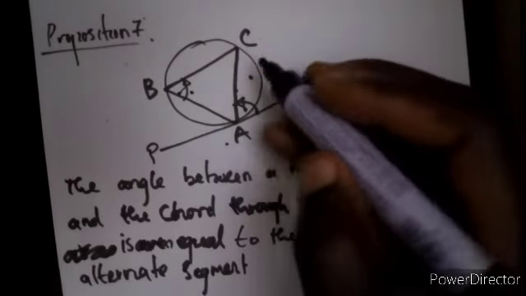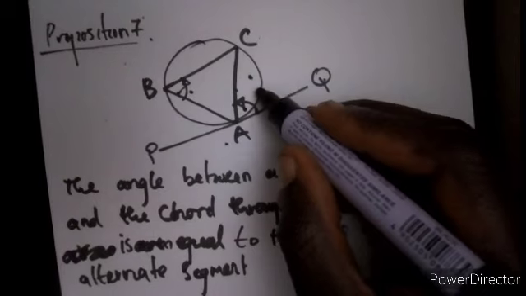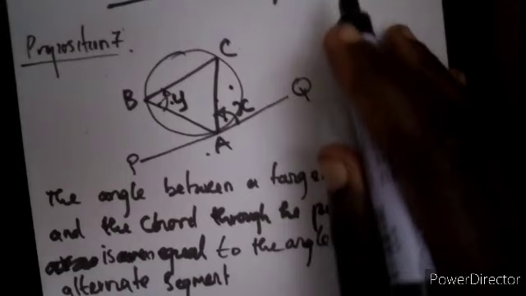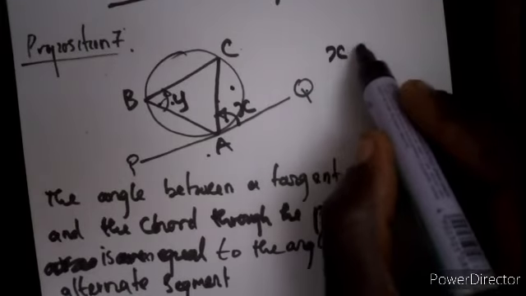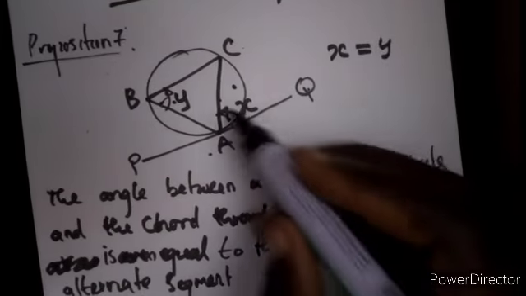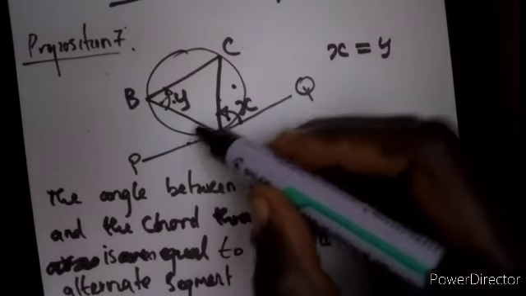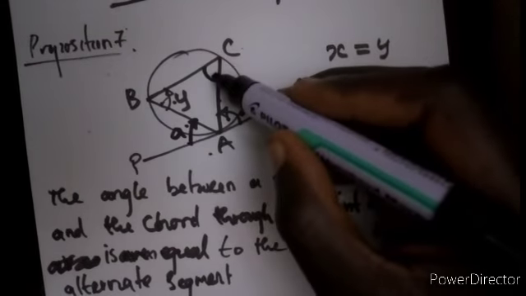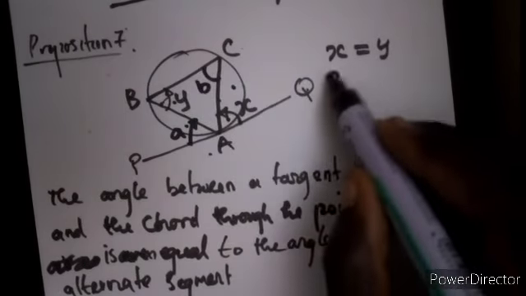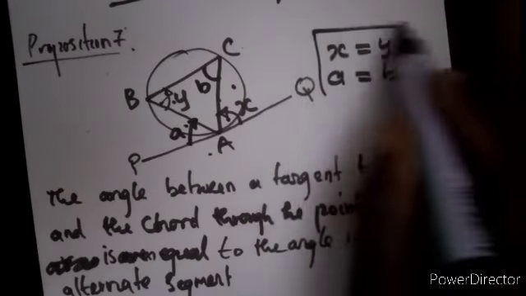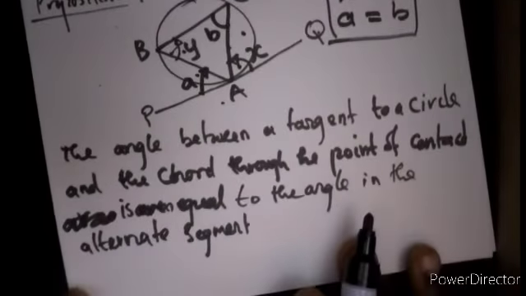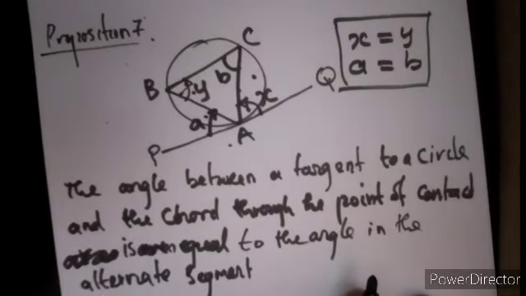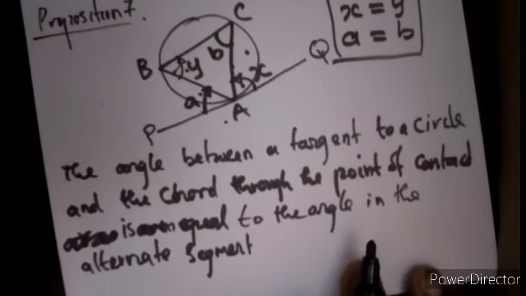Same thing here. If I call this x and this y, what we are trying to say is that x is equal to y. Same thing applies here: if we consider this segment instead, I'll call this angle a and this angle b. We're also saying that a is equal to b. That's what we are saying by proposition 7.